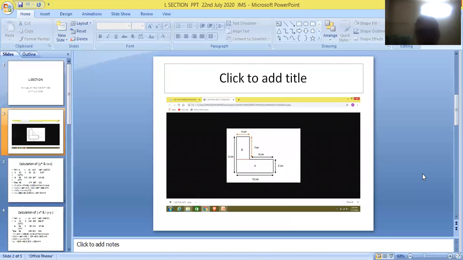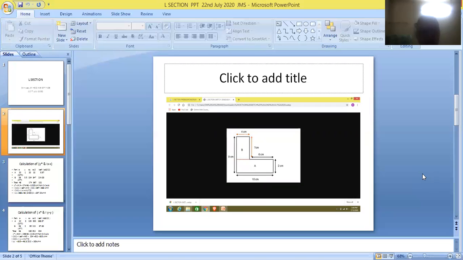So friends, now we have to discuss the calculations of the L section. You can see the arrangement of the L section that is given in the problem.